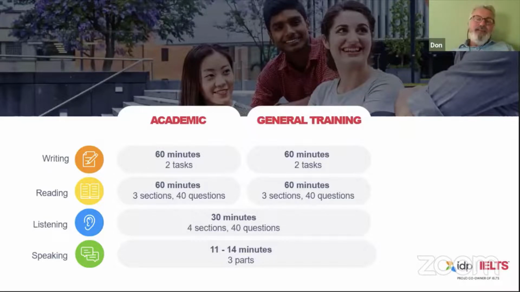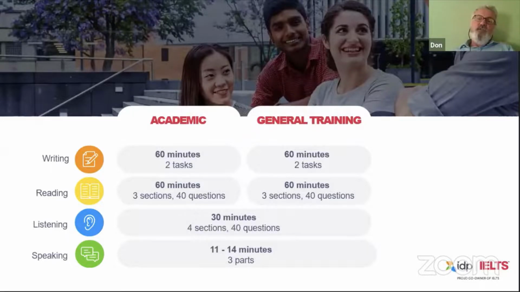Now, you'll see here in this slide that there are two types of IELTS. There is the academic IELTS and the general training IELTS. IELTS is unique because it offers two different types of test. The academic test is used for entry to a university.